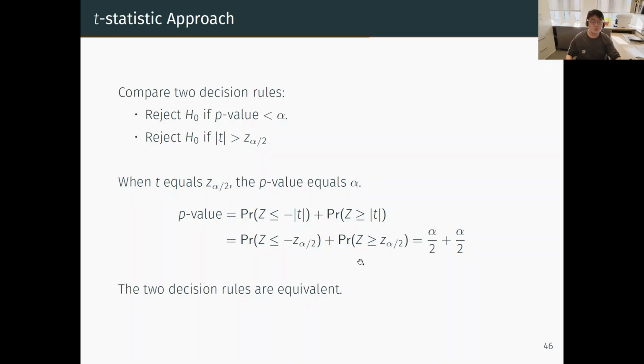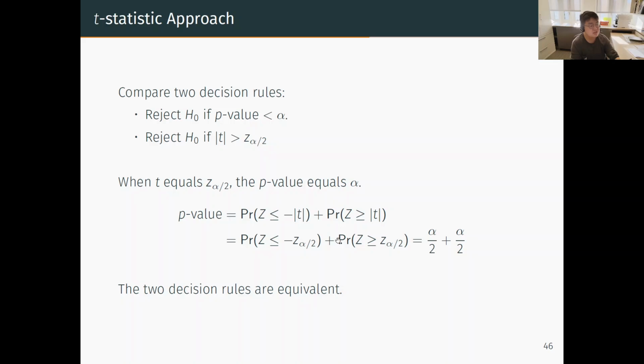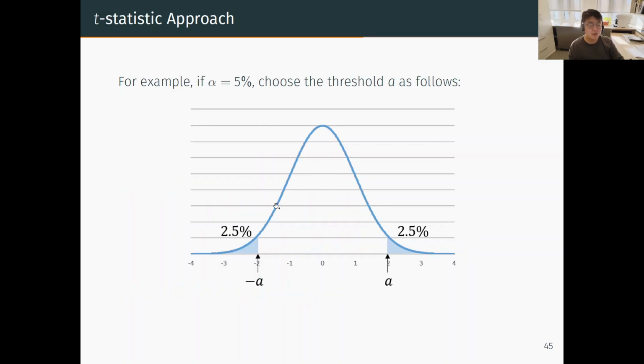When the observation is exactly at the boundary of this cutoff, that's exactly when the p-value is also at the boundary, so the comparison ends up with equality in both the p-value and t-statistic approaches. I guess it's pretty simple to understand. Of course, the derivation is not important, but I want you to see the relationship, especially in this graph.